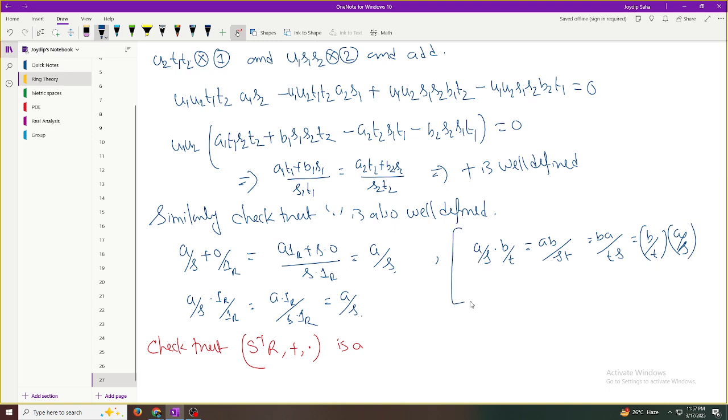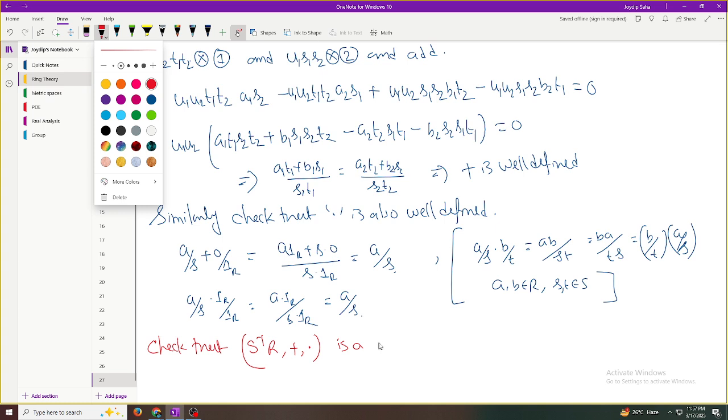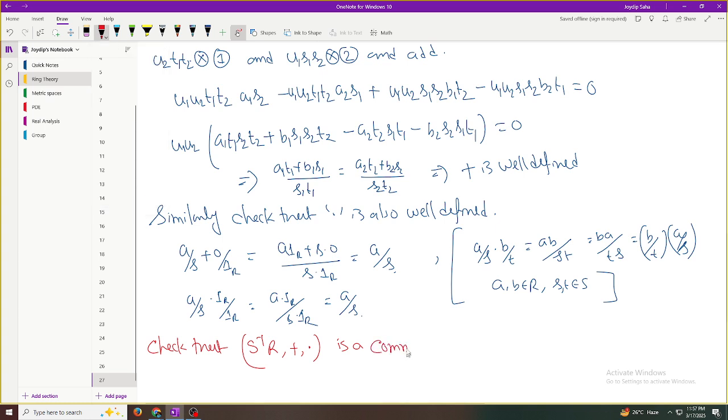Here a belongs to R, s belongs to S, ab belongs to R, st belongs to S. So it is a commutative ring with identity.